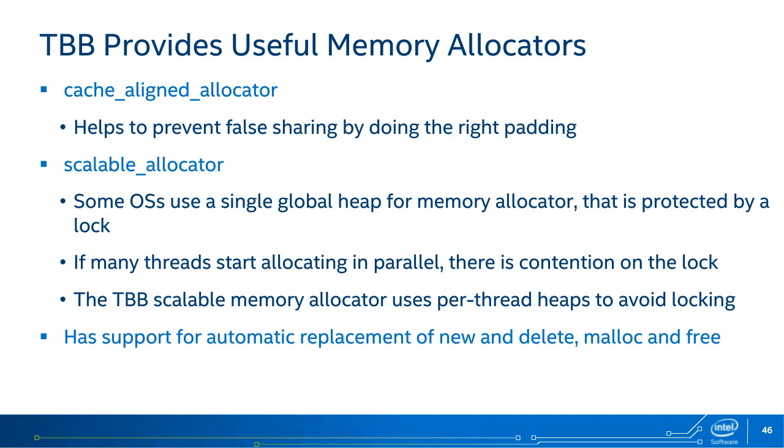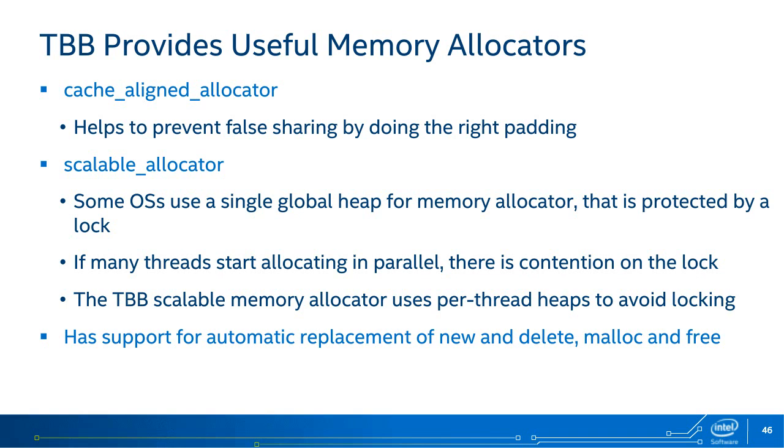On some OSs, when you allocate memory, it's all happening from a single global heap. And so if you have many threads that are allocating in parallel, you can have overhead because you have contention on this single global heap. So TBB also provides a scalable memory allocator that uses per-thread heaps to avoid this locking overhead for you.